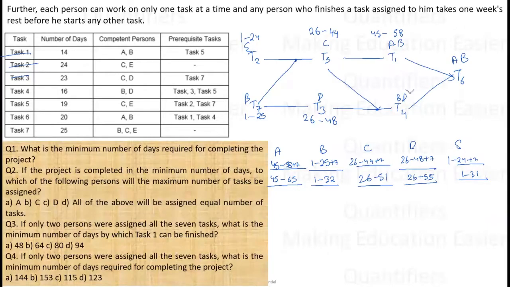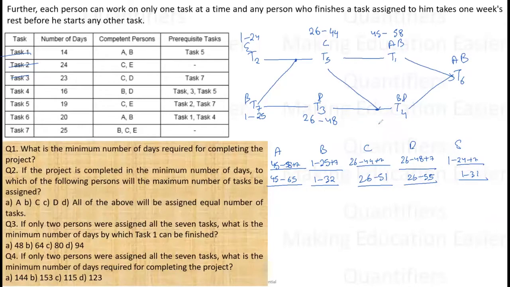Now task 4 can be done by either B or D, right? Now D is working till how many days? See, when can this task start? As soon as possible, it can start from 49th day. But who is free? B is free. So I will obviously use B over here.